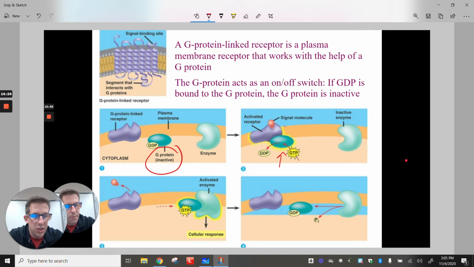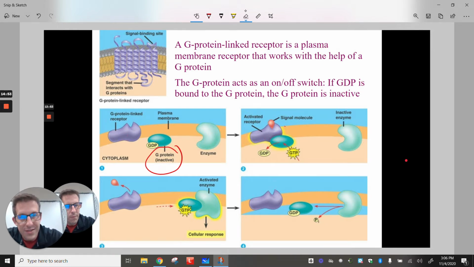Why? Because we see it's glowing yellow. The reason it has been activated is because it has interacted with another molecule that has already been activated. The G protein linked receptor right here has been activated, and it in turn will activate G protein. And so that one right there is also active.